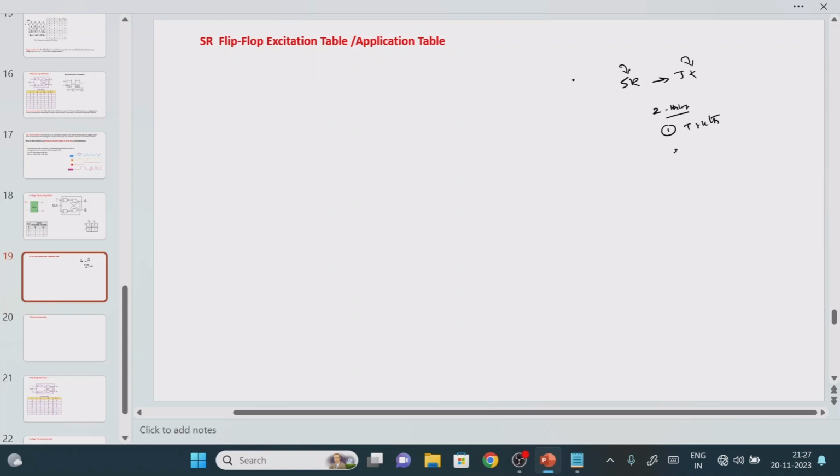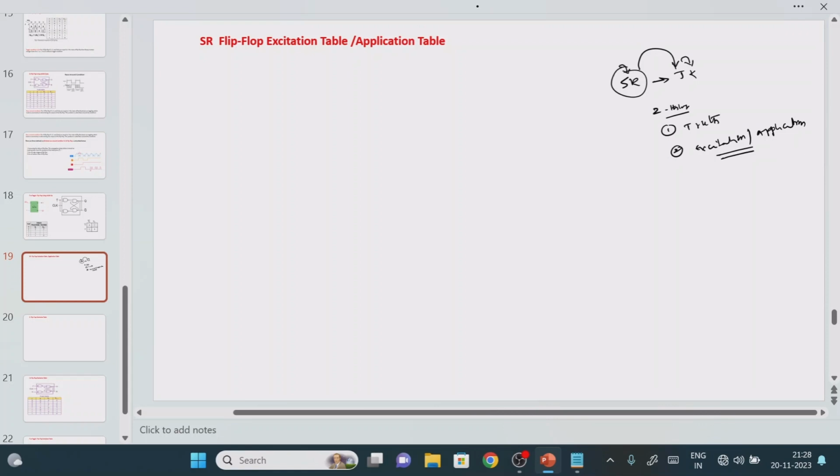The second is the excitation table, or one more name we can call it, the application table. So we use the excitation table or application table when you are converting one given flip-flop to another flip-flop.